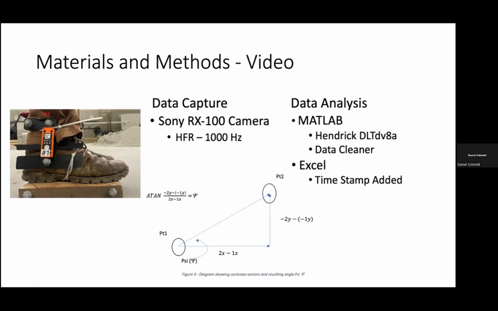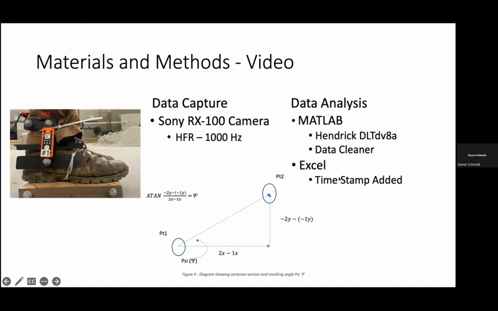So the video analysis is a little bit more straightforward. We have the two points on the bracket. Can you guys see my cursor? Yes. Okay. So you have point 1 and point 2. And then to find the rate of angle change, I just took the arctangent of the points differing from the horizontal.